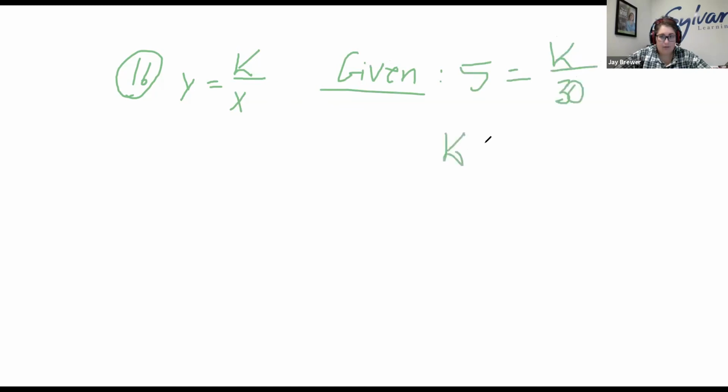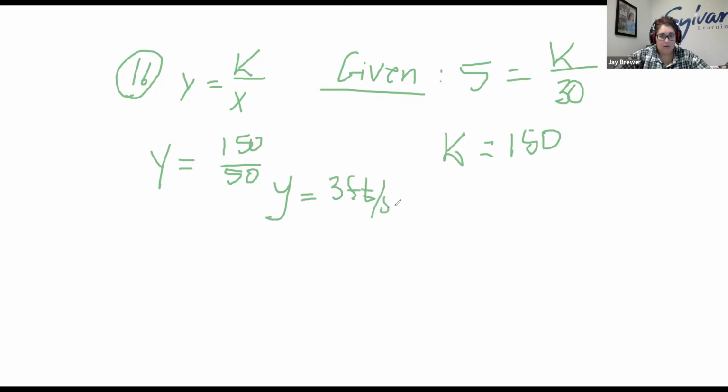So then k equals 150. And then y equals 150 over 50. So then y equals 3 feet per second.